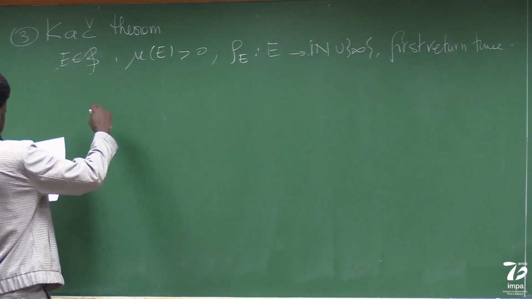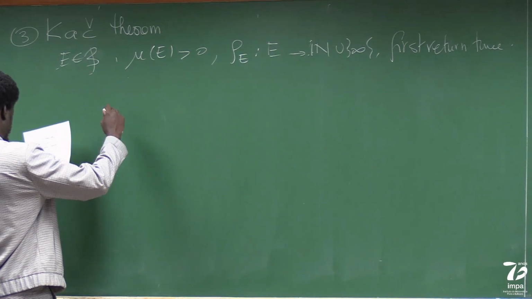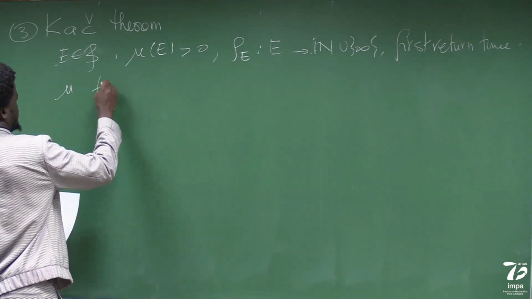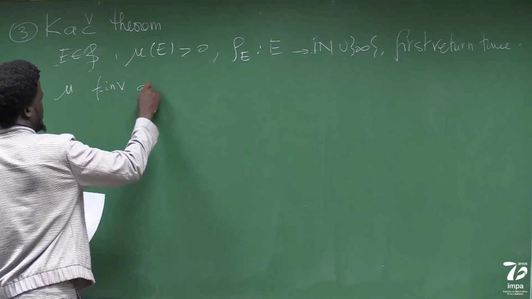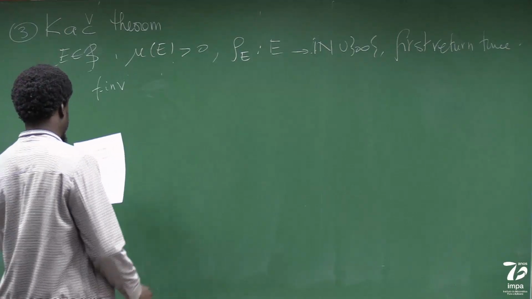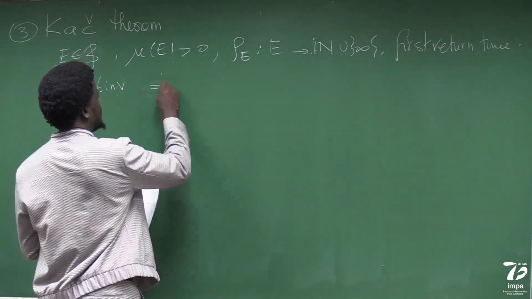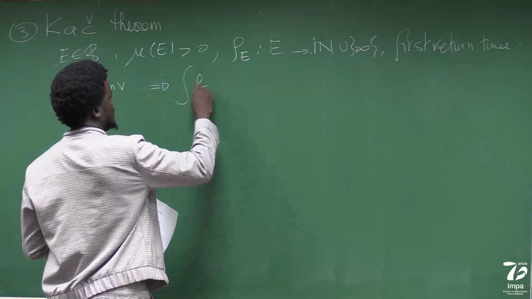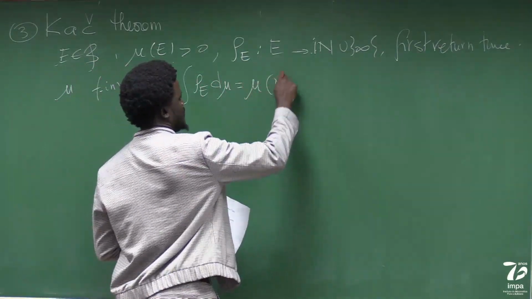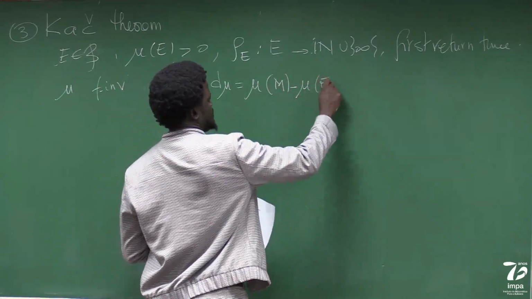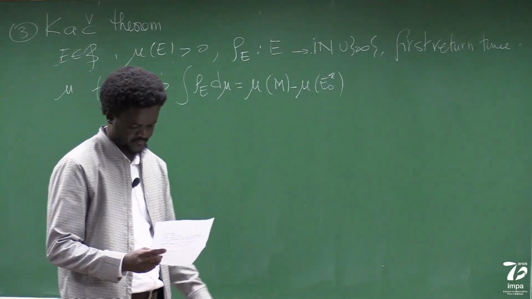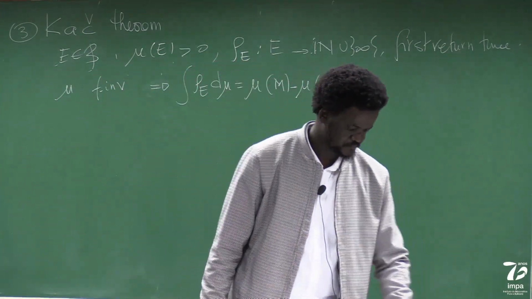If mu is f invariant, this will imply that this function is integrable. The integral of rho E d mu equals mu of M minus mu of E0 star. Here E0 star, remember, is the set of points that never return to E.